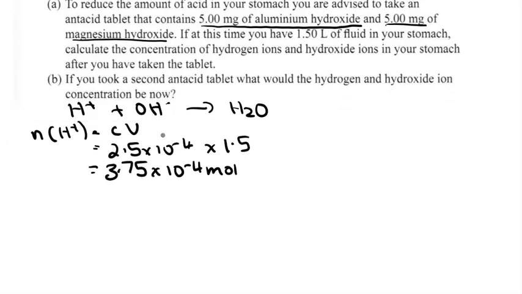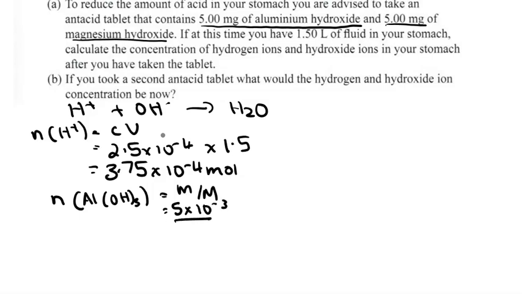So the number of moles of aluminium hydroxide equals mass over formula mass, which is 5 by 10 to the negative 3. Remember, we have to convert to grams, divided by 78.004, and it comes out to be 6.409927 by 10 to the negative 5 moles.